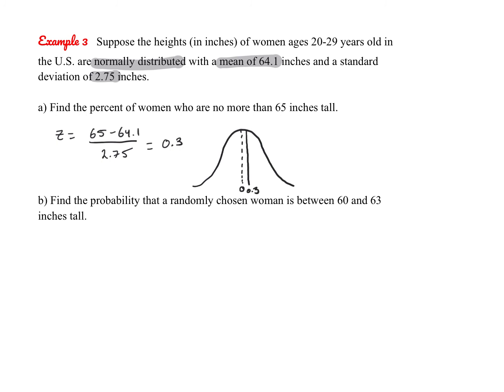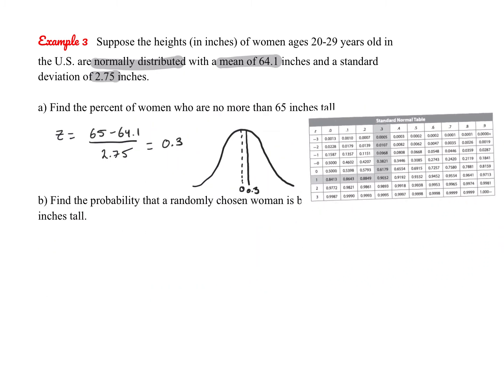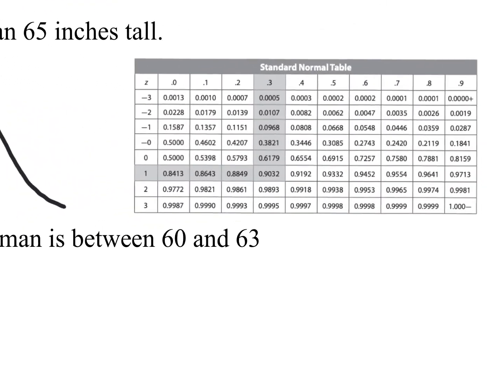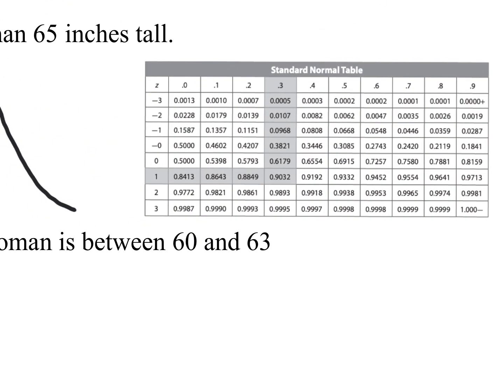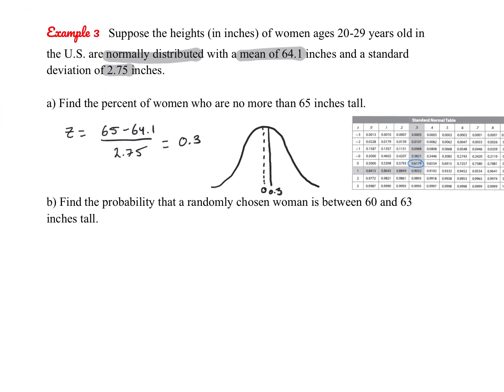So if you use our standard normal table, let me put a picture in real quick. Here, if we look for the z-score that's 0.3, I'll zoom in over here. So we do this row and this column. We see that it's this number right here. This would be the area under the curve up until that point.